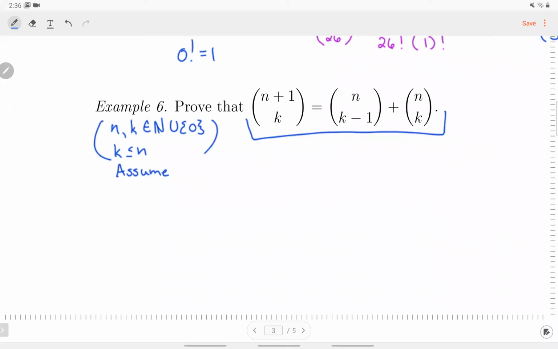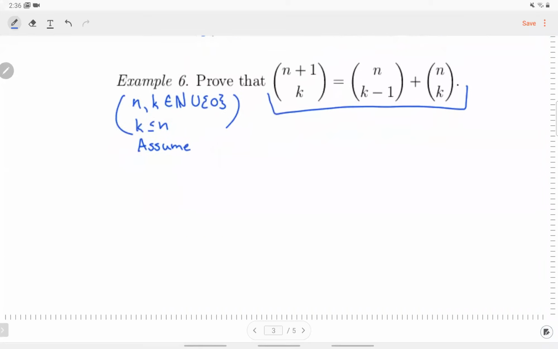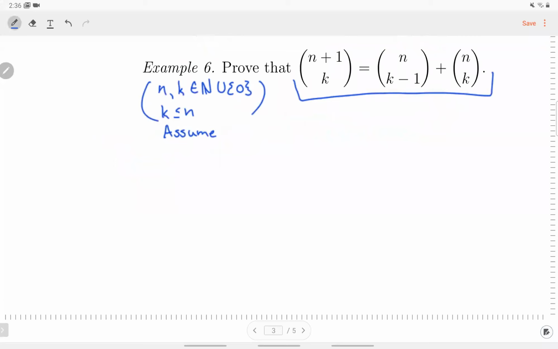So now we need to do our scratch work. All right. So n plus 1 choose k, let's see what that is according to the formula. That'll be n plus 1 factorial over k factorial times n plus 1 minus k factorial. That's what the formula said. Top number factorial over bottom number factorial times their difference factorial. All right.